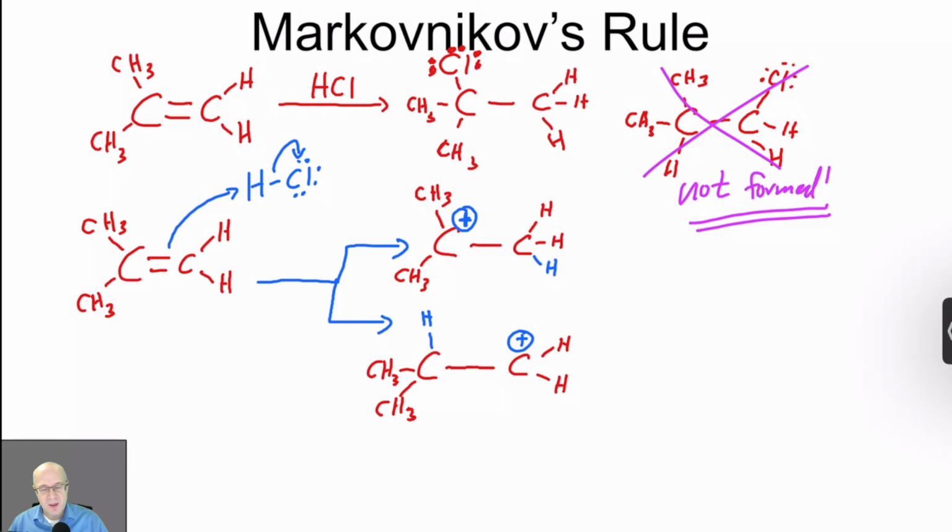Well, now, if you think back to your stability of carbocations, you will all agree with me that this is tertiary and this is primary. And you will all agree that this is not as stable as this. Tertiary cations are more stable than primary. So this one is not the one we want to deal with.